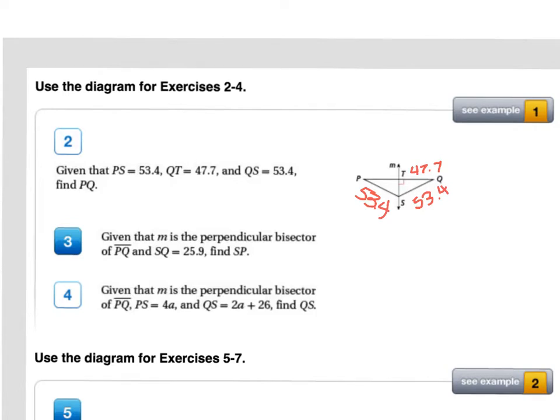It says that S is on the perpendicular bisector, which means that they're congruent. PS and QS are congruent, and that's why it's the perpendicular bisector. But if it's a perpendicular bisector, what's that tell you about what you're missing? PT is congruent to TQ. Yes, that's correct. You see that? Everybody understand that? So this would be 47.7, because if these are congruent, then that's the perpendicular bisector, which means that T is the midpoint there.